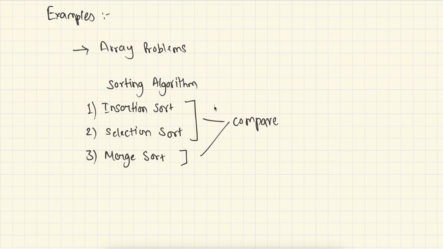So there is a difference in both types of algorithms. In insertion sort and selection sort, the order of growth of auxiliary space is theta 1. And in merge sort, the order of growth of auxiliary space is going to be theta of n, because merge sort uses extra space to sort an array.